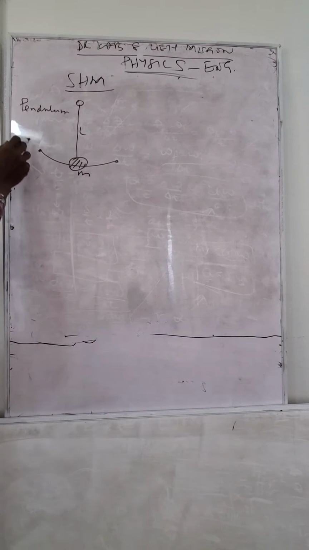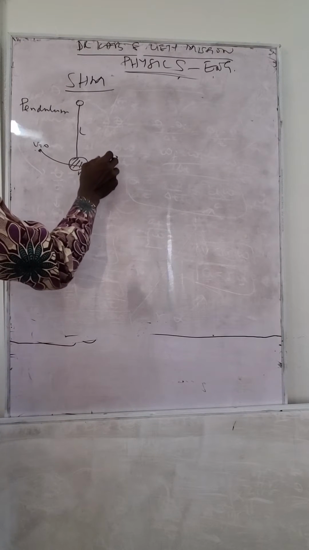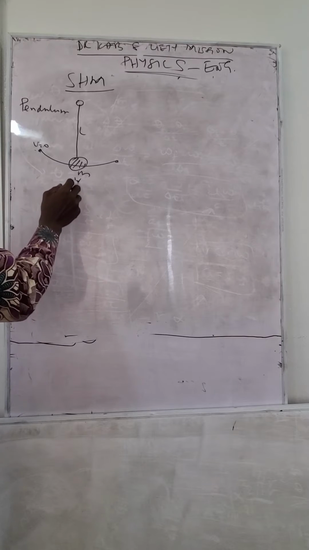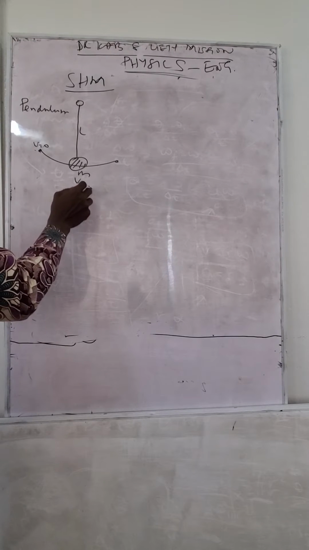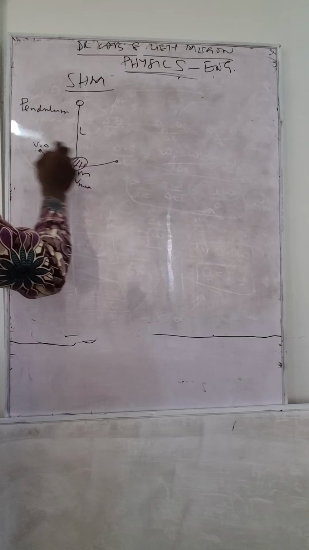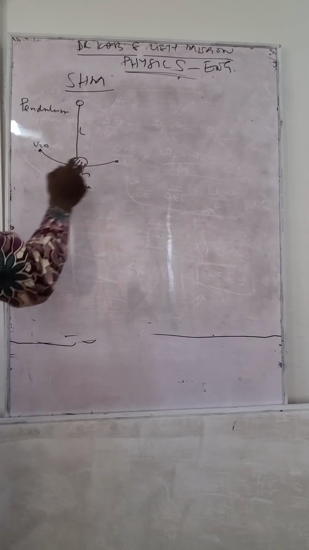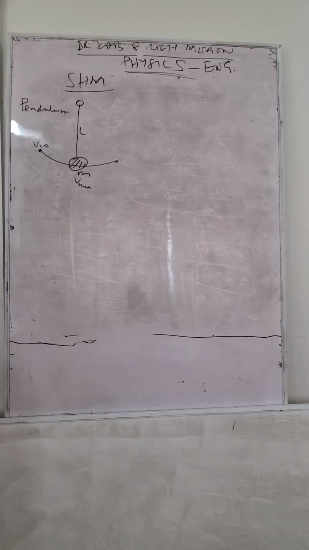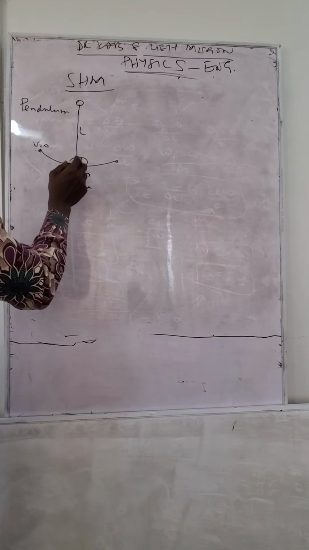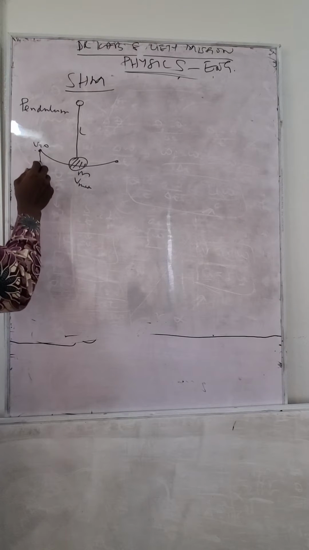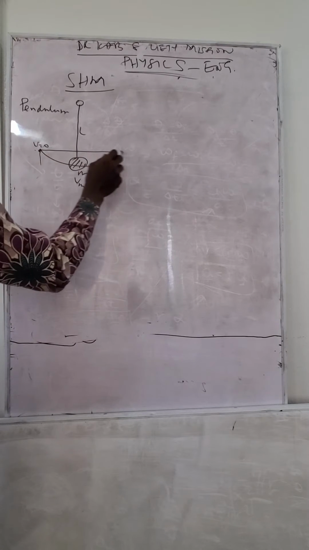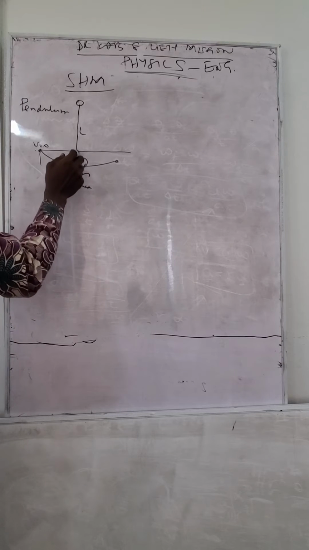When it swings here, by the time it gets here, velocity goes to 0, and then it moves here, comes here. So here the velocity gets to a maximum, and then comes to 0 again, but in the opposite direction. So it goes back doing that. Now, when it's moving, if we look at it from here, we can look at it in the y-axis.